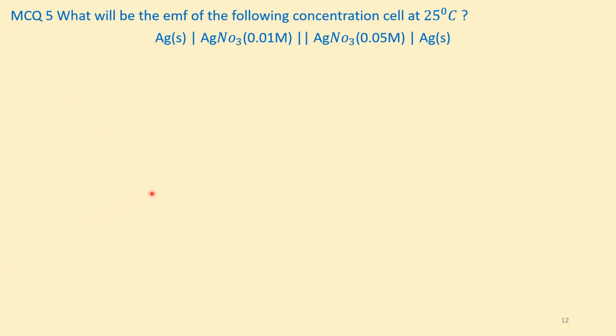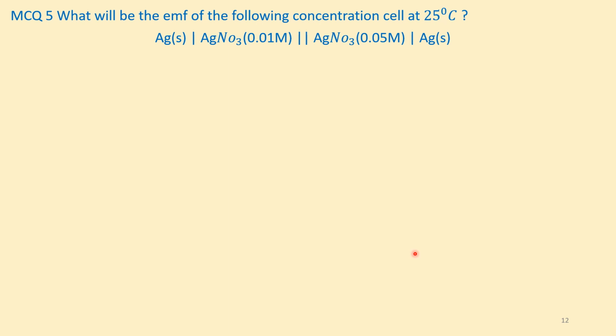Next question. What will be the EMF of the following concentration cell at 25 degrees centigrade? Ag(s) | AgNO3 of concentration 0.01 molar || AgNO3 0.05 M | Ag(s).